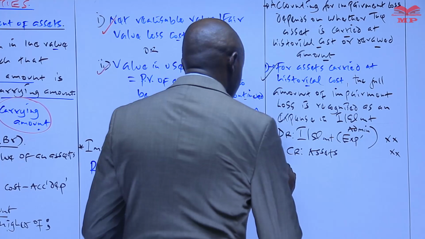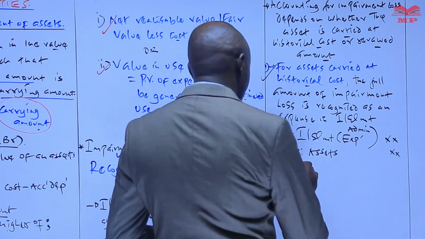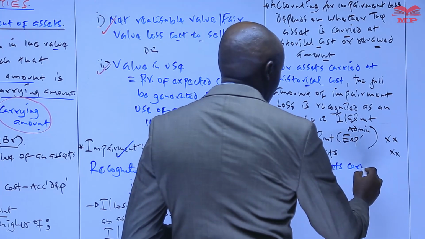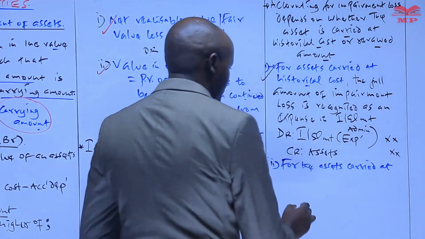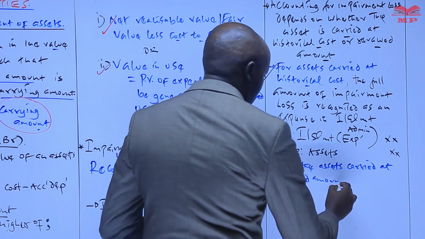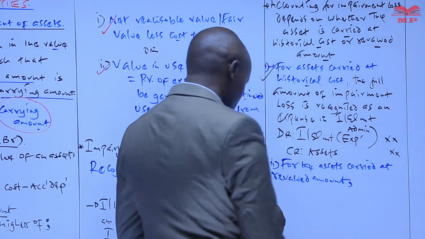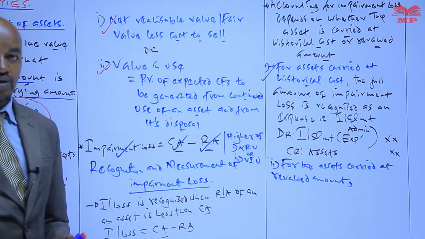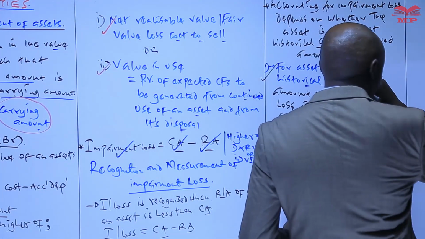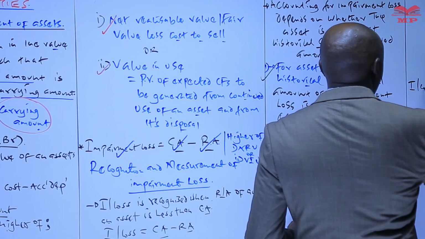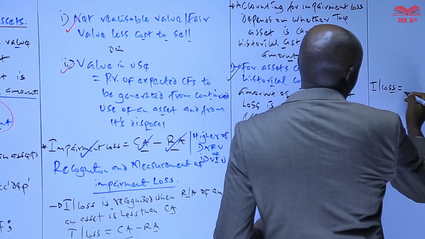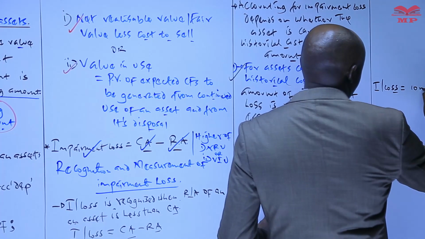Number two, we have those particular assets which are carried at revalued amount. So how do we account for the impairment loss? Let's assume we have an asset carried at revalued amount, and an impairment loss is determined as far as that asset is concerned, say 10 million.